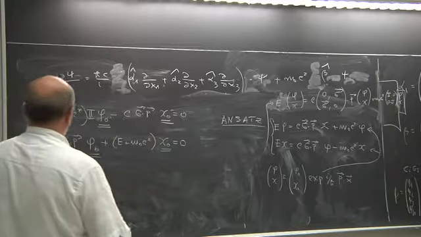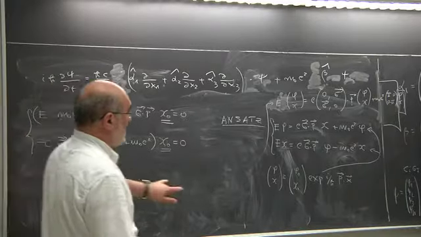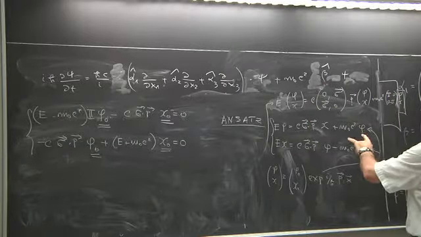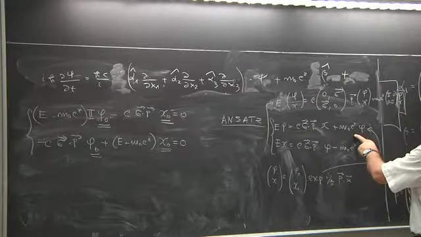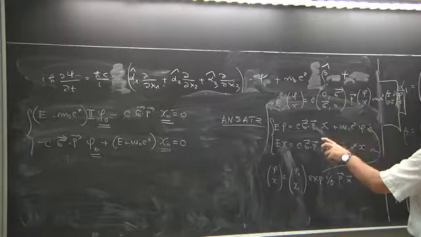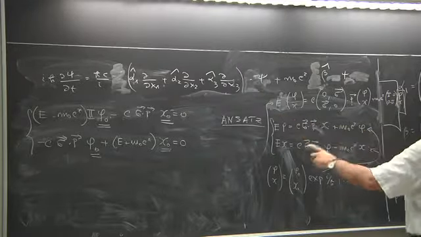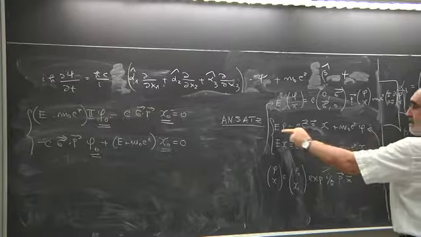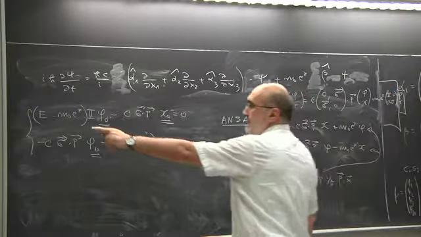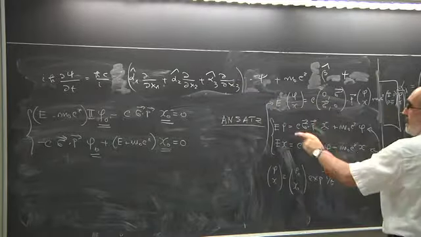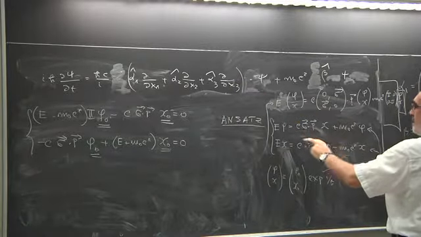So how I got these: I plugged that in, and then I made sure that all the phi are on the left-hand side and all the phi are together. So there is a phi here and a phi here, and it becomes this object. The chi is only here and is left the same, okay?